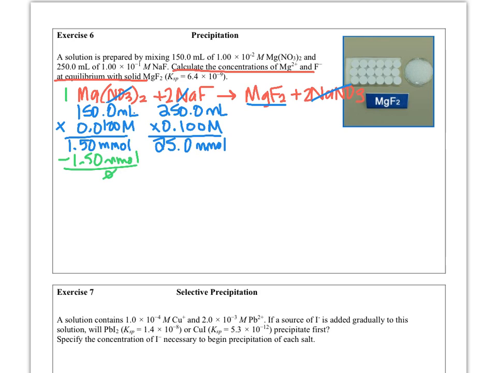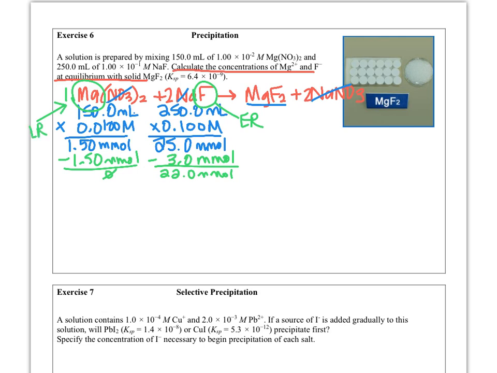So that means that for sodium fluoride, I'm going to use 3 millimoles. Hopefully that makes sense. And when I do that, I'm going to have 22 millimoles left. Everybody okay? So this is definitely the excess reactant in this scenario, and this is definitely the limiting reactant.